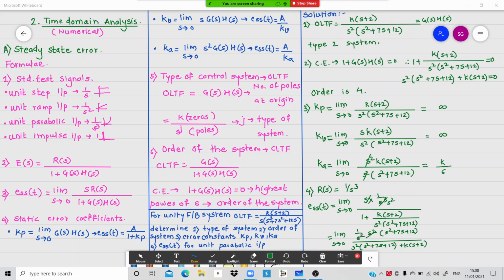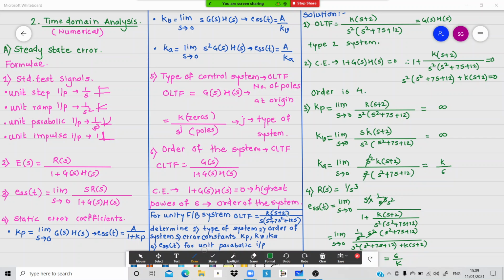So this s square is getting cancelled out when you substitute s tending to 0. Here comes 12. This s will go. 12 divided by 2K. So it is going to be 6 by K.